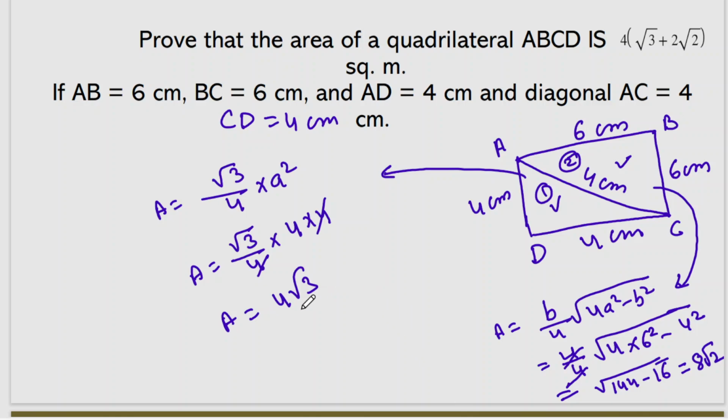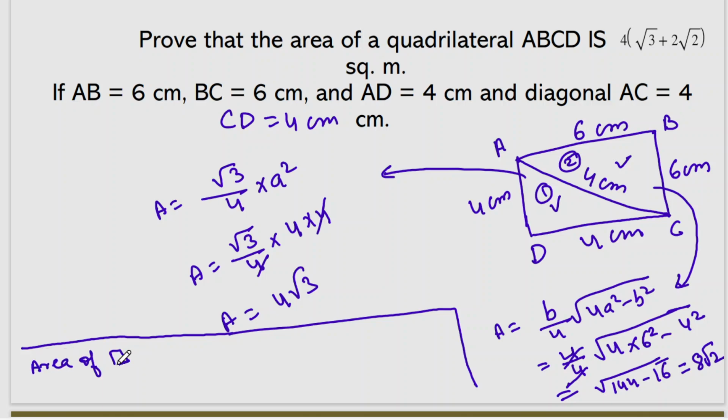Now we have got the area of both the triangles. Now what will be the area of the quadrilateral? Area of the quadrilateral is the sum of these two triangles. So I am writing: area of quadrilateral equals area of triangle 1 plus area of triangle 2.